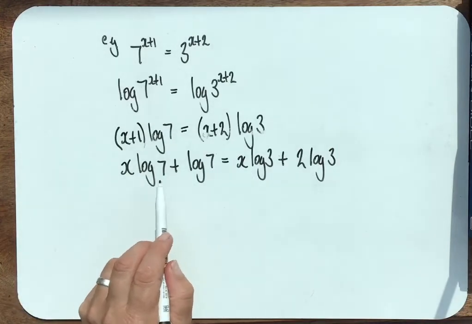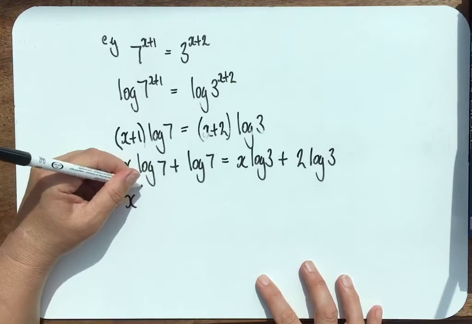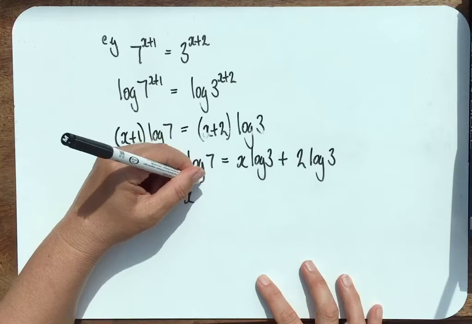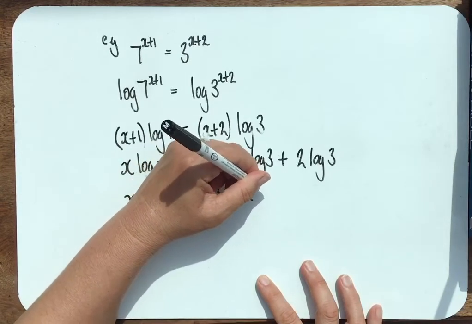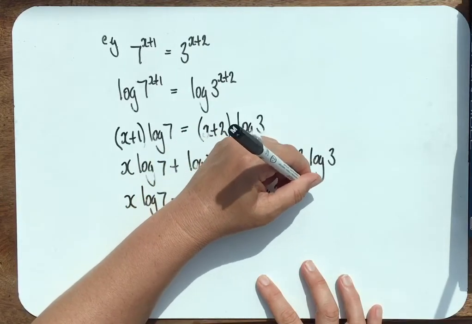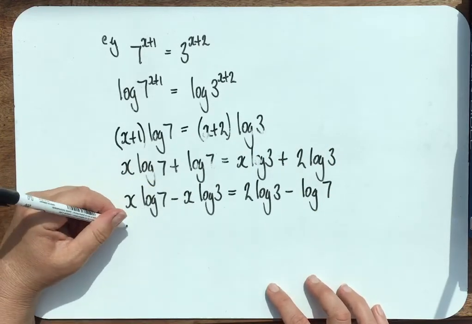And now I need to collect the x's to the left-hand side. It's a good bit of algebra to see this. And everything else goes to the right-hand side. Then you take x out as a factor.